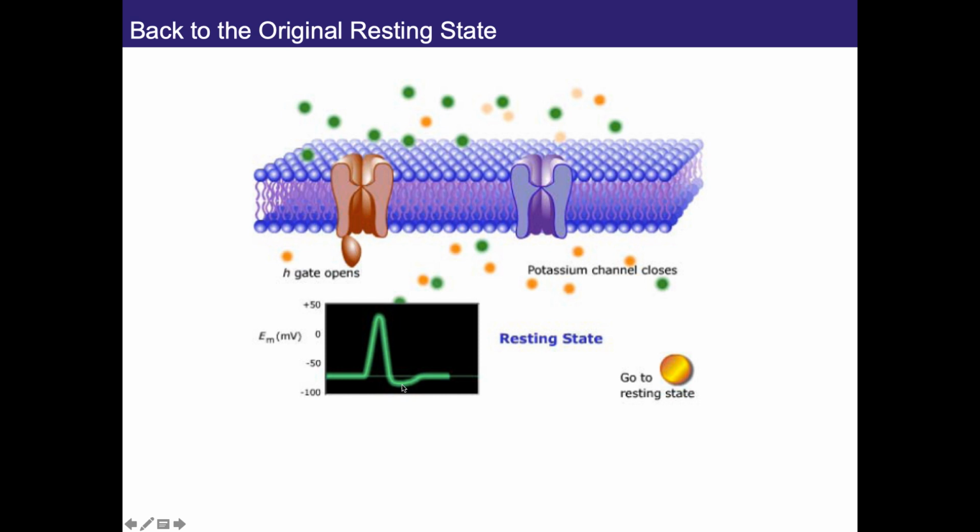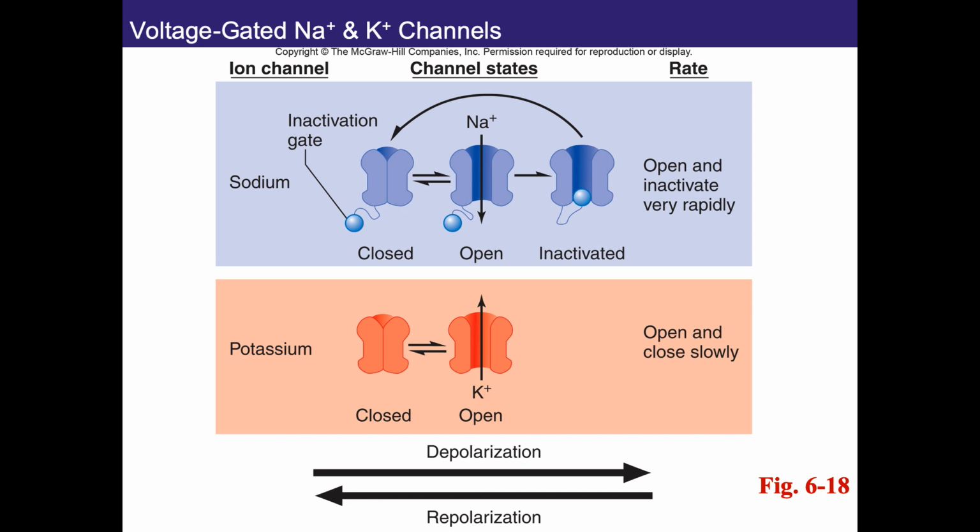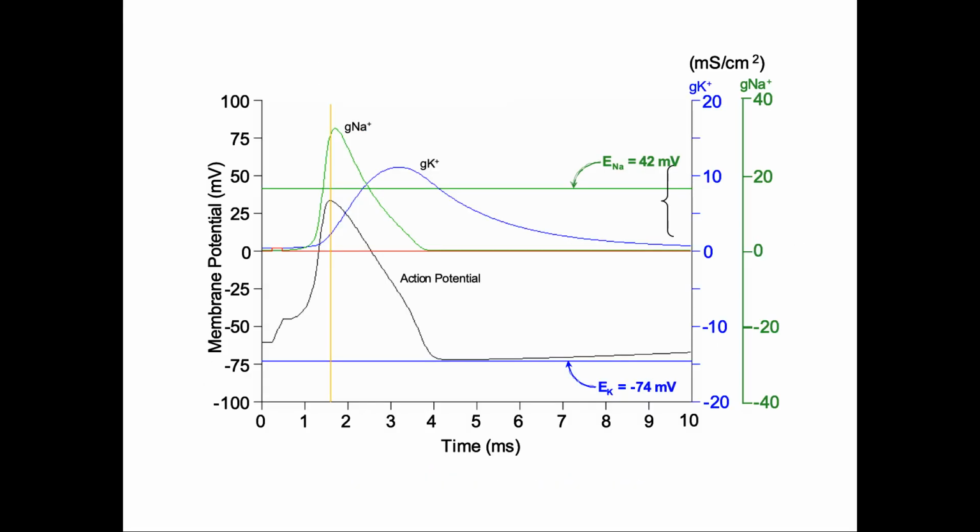It's due to that second population of potassium channels that come on board, that pull that membrane potential even closer to the equilibrium potential for potassium.